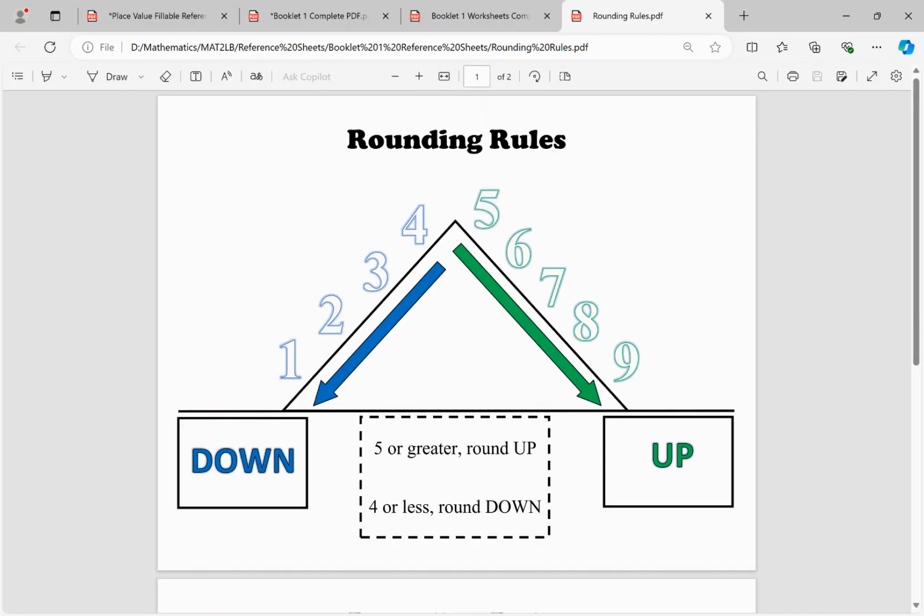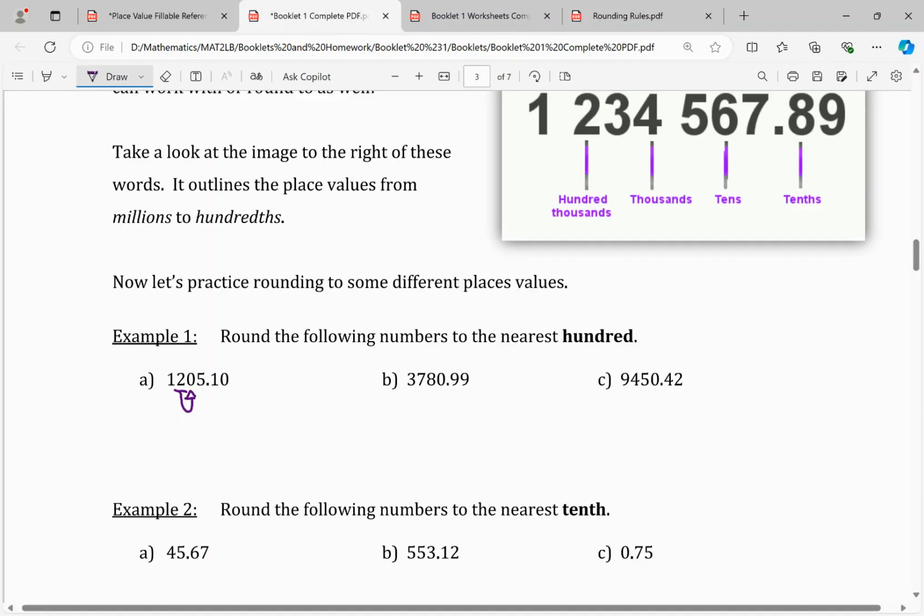Right, please remember this help sheet as well. Since 0 is less than 5, we are going to round down. And that means that the 2 stays the same. So this is going to equal 1. The 2 stays the same. And everything after that 2 becomes a 0. So 1, 2, 0, 0, 0.00.